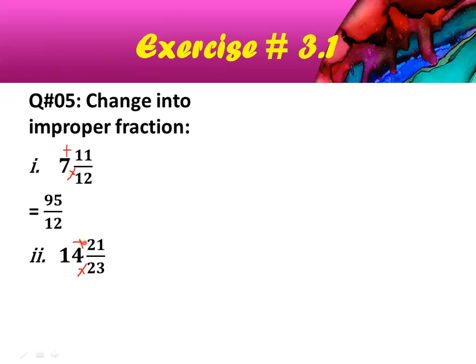Now 23 multiplied by 14 will become 322, and 322 plus 21 will become 343. So the answer will be 343 upon 23. So this is the way to convert any given mixed fraction into improper fraction.